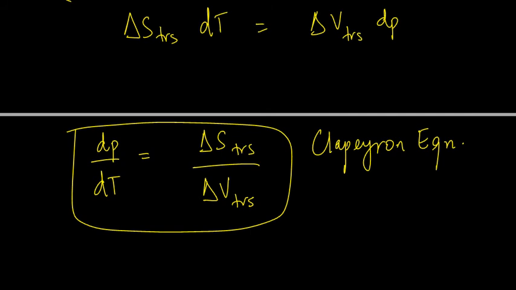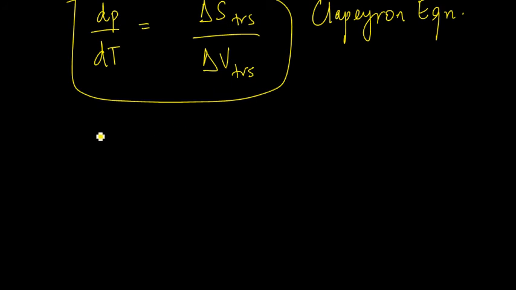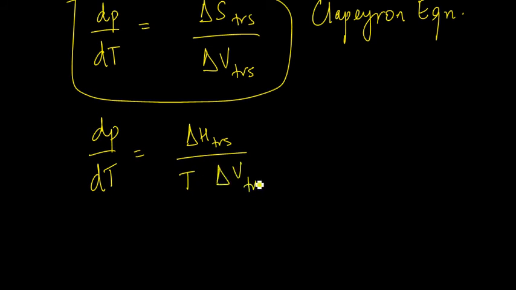And since when a transition is occurring, for example boiling or melting is occurring, then delta S of the transition is nothing but delta H by T, right? As we've already seen that. So I could even write this dP by dT is equal to delta H transition by T times delta V transition.